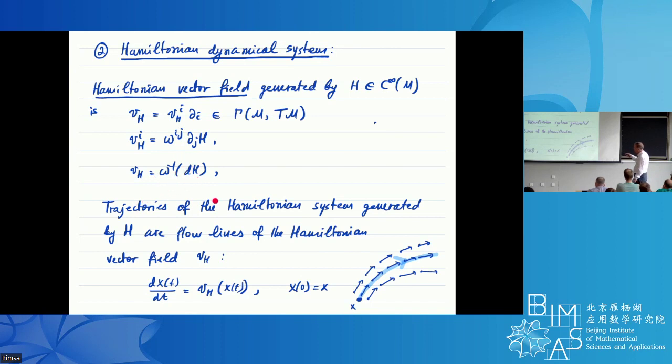As a result, we have a vector field. That's the definition of the Hamiltonian vector field, and trajectories of the Hamiltonian system generated by this function h are flow lines of the Hamiltonian vector field V_H. In other words, they are solutions to these nonlinear differential equations, and that's the picture of the flow lines. So that's the standard thing about Hamiltonian dynamics.